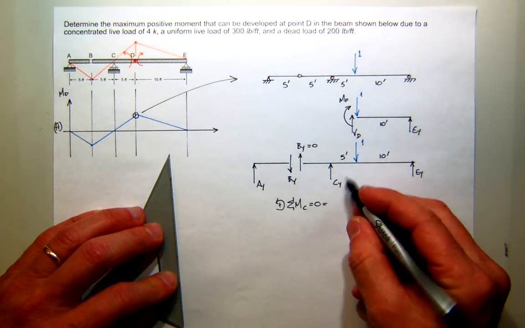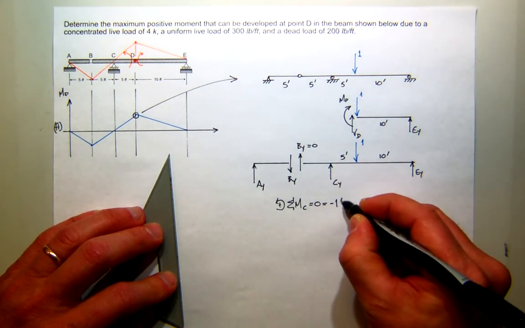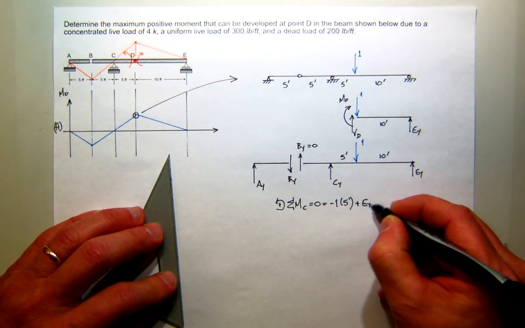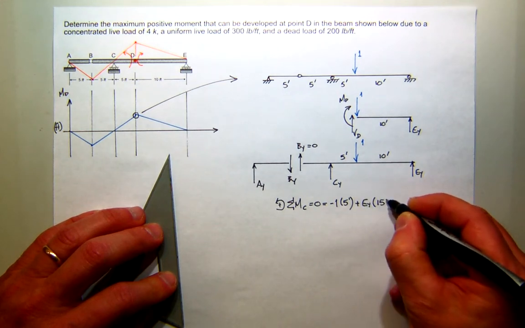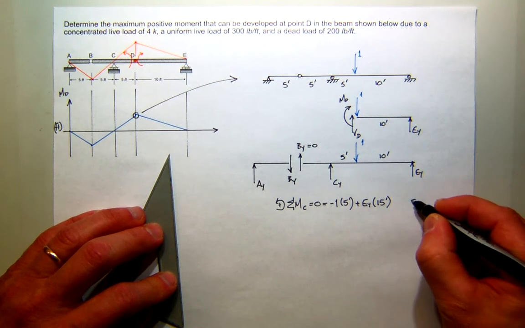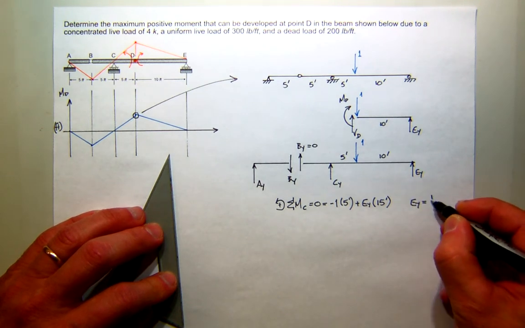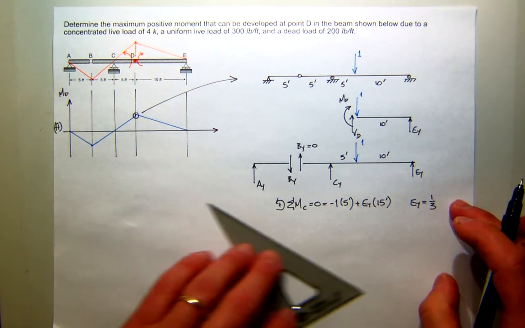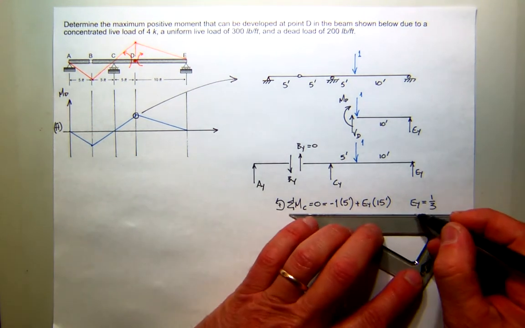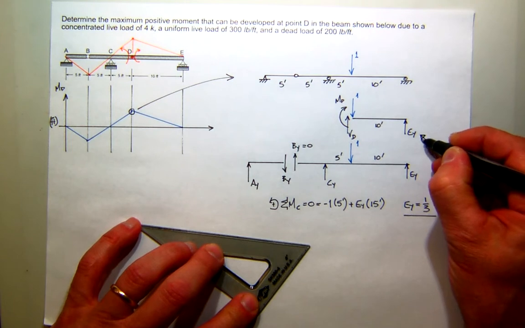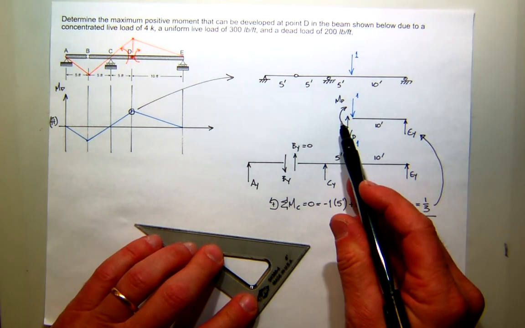So I sum moments about C, I get minus 1 times 5 feet plus EY times 15 feet. So it looks like EY is 1/3. You good with that? Well, now I can put that here. How do I find the moment?